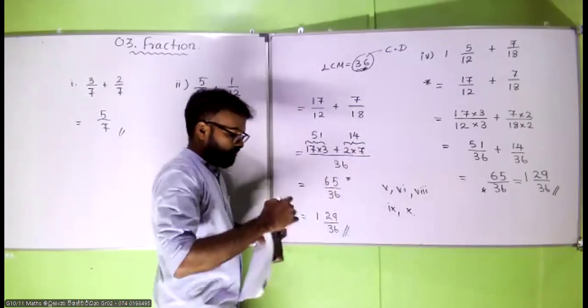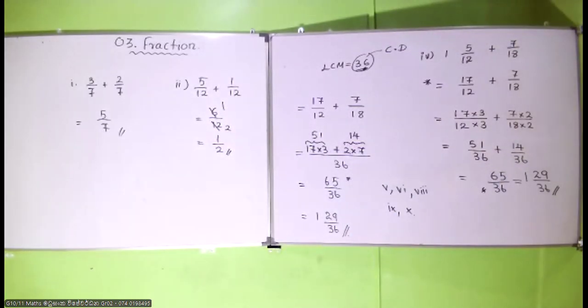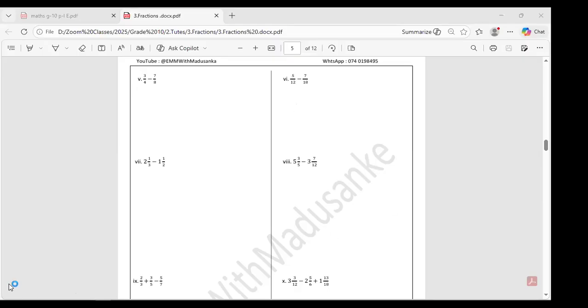What do you got? Fifth one, sixth one, eighth one, and ninth and 10th. I will share the screen. I told you to do this one, this one, this one, this one, and this one.